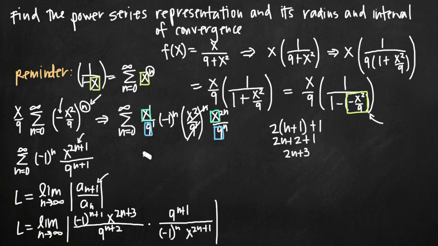From here, we just need to combine like terms, so we're looking for things with like bases. We're going to say L is equal to the limit as n goes to infinity of the absolute value. We have -1 raised to the n plus 1 in our numerator, and -1 raised to the n in our denominator. Because we have like bases, we can consolidate these terms.